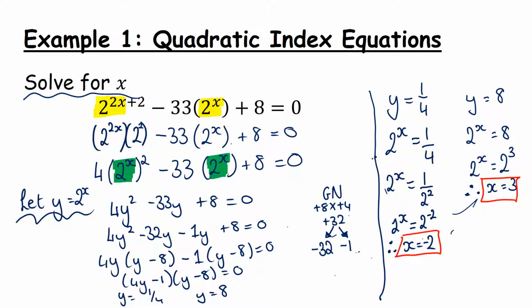So we've actually just worked backwards on that. We have powers that are being added together, so we can say that's the same as 2 to the power of 2x and 2 to the power of 2 multiplied together. So then we have minus 33, 2 to the power of x plus 8 equals 0.